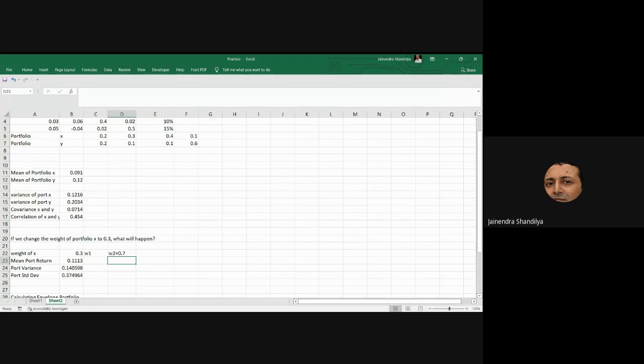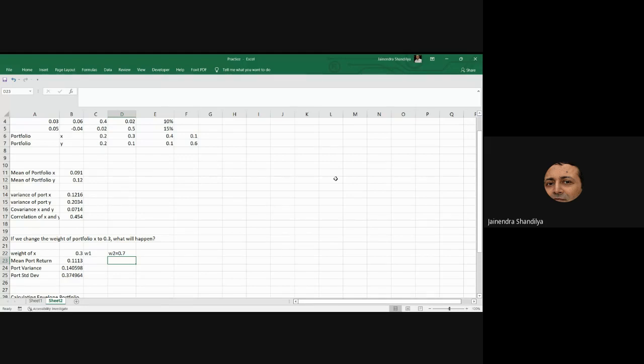Since the standard deviation is 0.37, we can expect a slightly high standard deviation in the portfolio, sir. Yes, that's bound to be there. You know why?